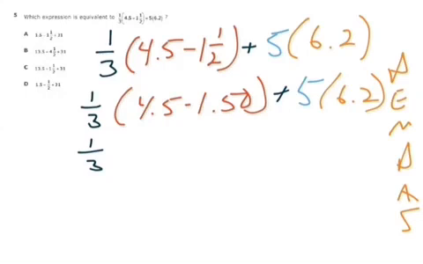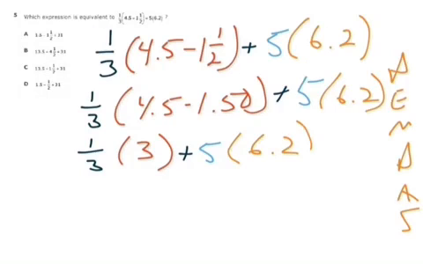When you subtract 4.5 minus $1.50, we should get 3.0, or just 3, plus 5 times 6.2. Now we have this 1/3 right here, and we can turn it into a decimal by doing 1 divided by 3.